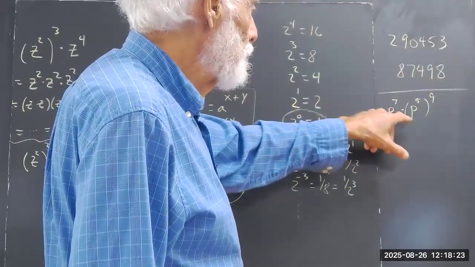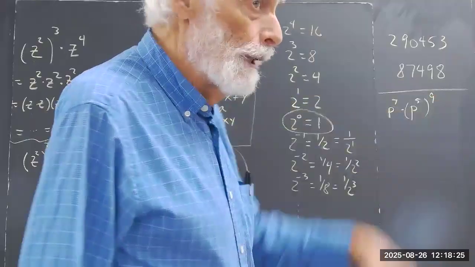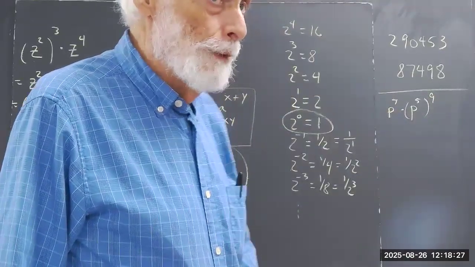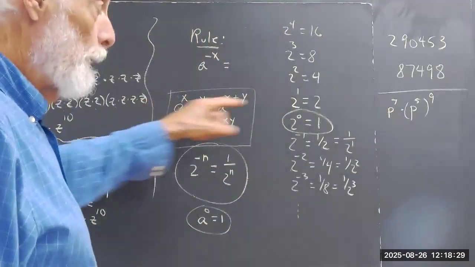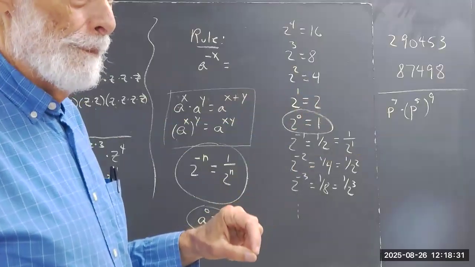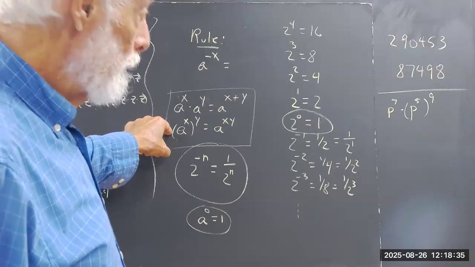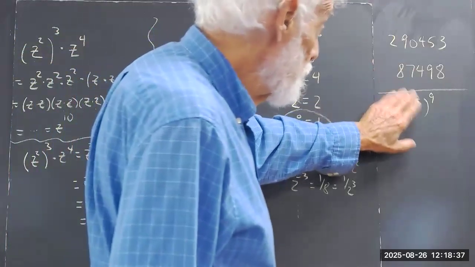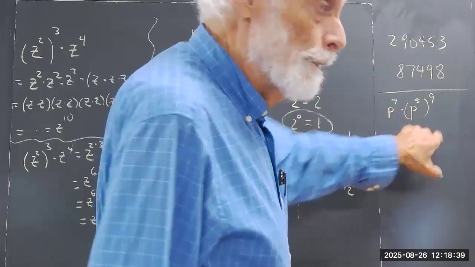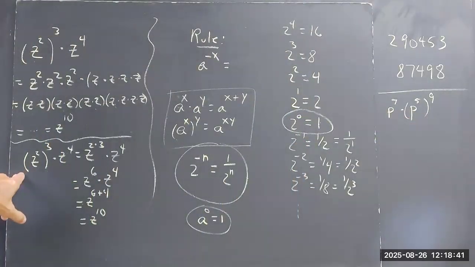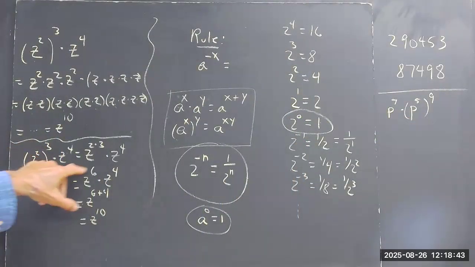You have p to a power times p to a power raised to a power, right? So the first rule is not going to apply here. Can you do something with the second rule? Yeah, you can apply the second rule to this part. And that's exactly what we did here. Remember, we applied the second rule to this.